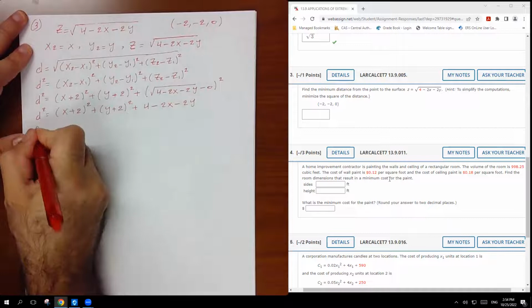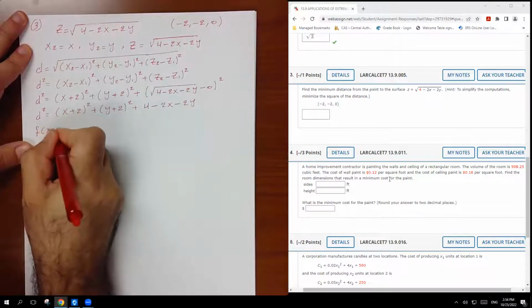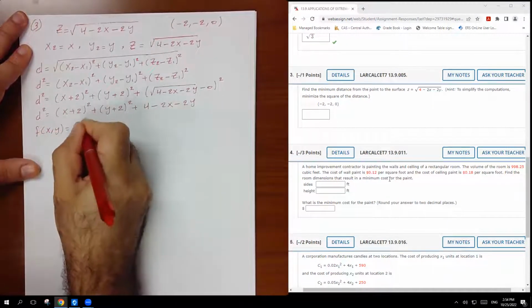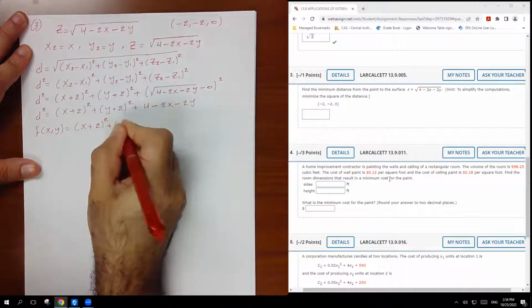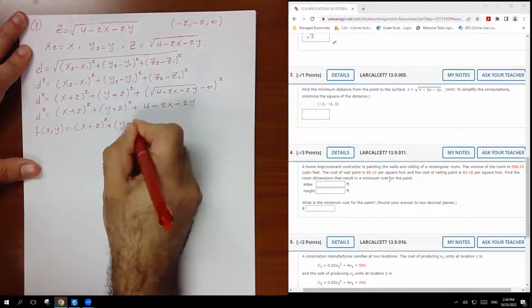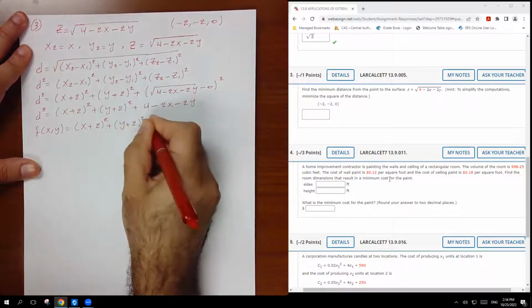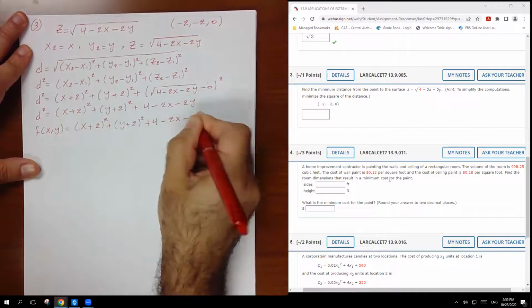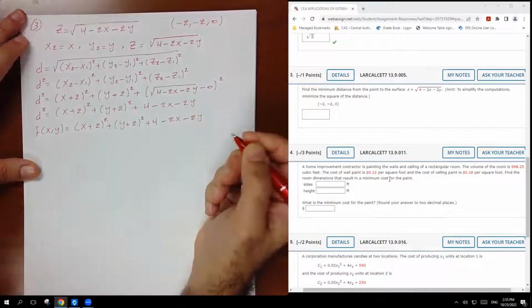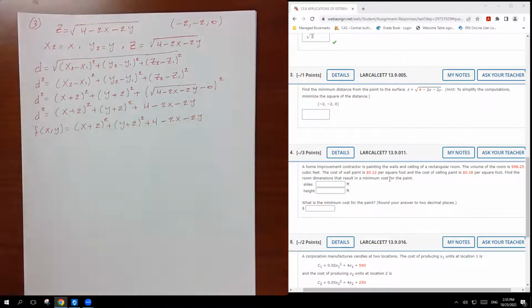That means f of x y is going to be x plus 2 squared plus y plus 2 squared plus 4 minus 2x minus 2y. Now here is our function.